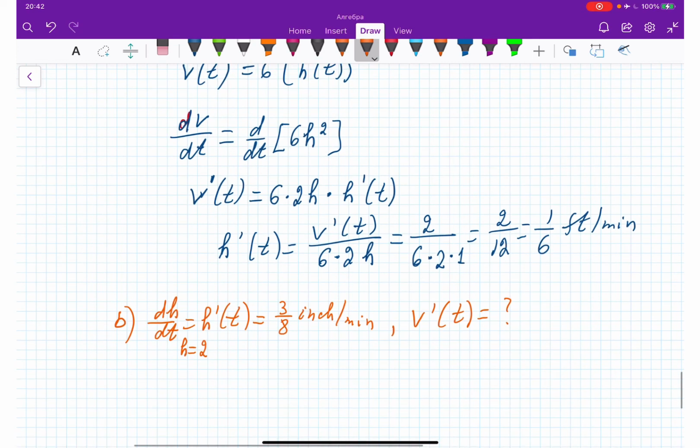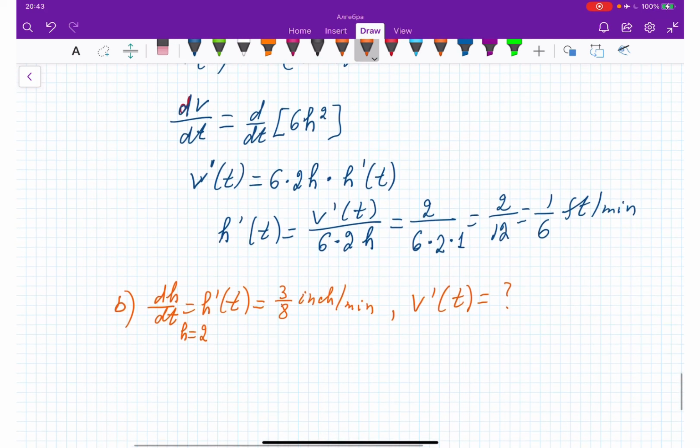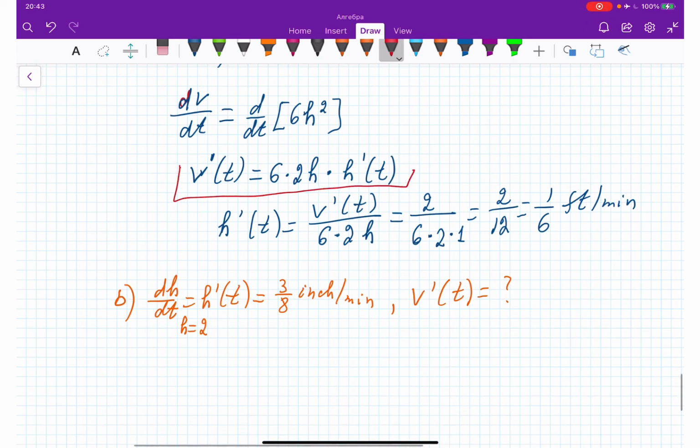Because it's pumping, we need to find the rate at which the water is being pumped into the trough. All right, so we know V prime, here is the formula, that's common for both cases, A and B. V prime of t is equal to 12h multiplied by h prime of t.